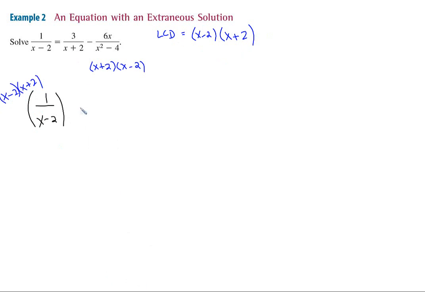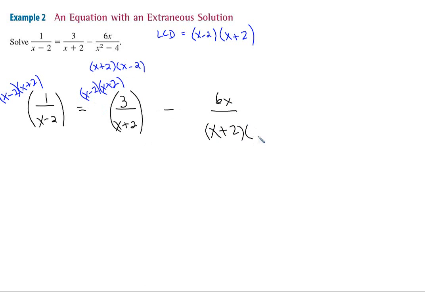And then we've got is equal to 3 over x plus 2. So we're going to multiply this by the LCD also, x minus 2, x plus 2. And then we've got minus 6x over x plus 2, x minus 2.